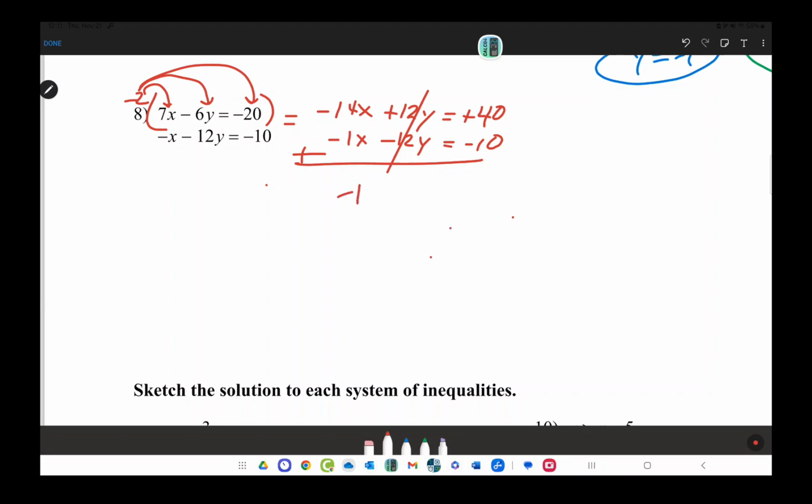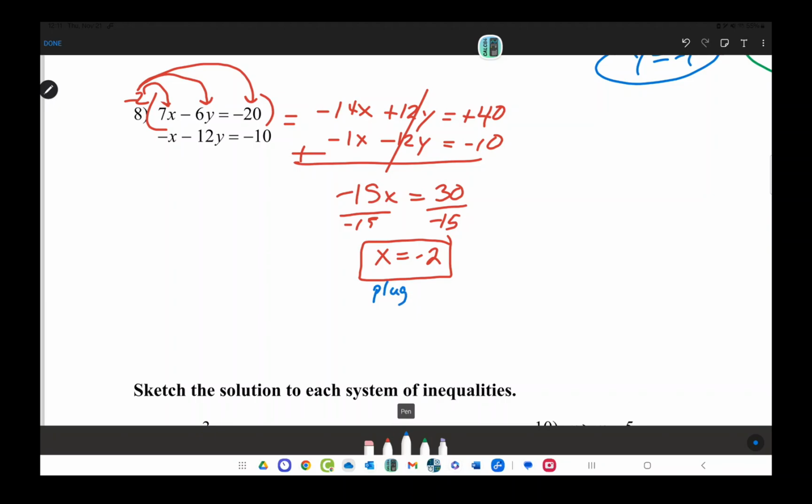We get -15x equals 30. Divided by -15, we get x equals -2. Again, we plug in. Let's say that bottom row, -2 minus 12y equals -10.